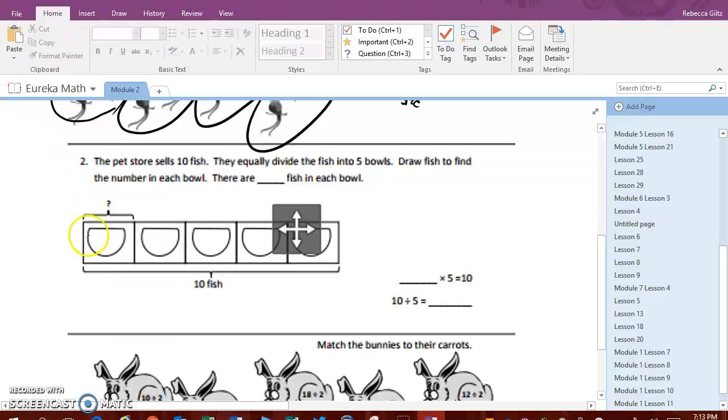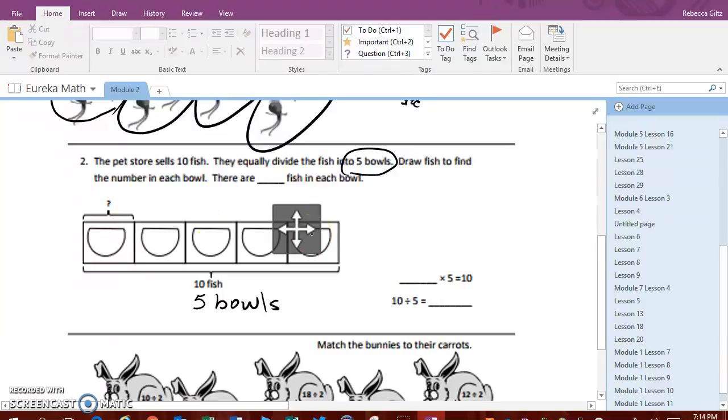And you can see this is set up like a tape diagram here. Here's the rectangle. Here's my bracket labeling the total of 10 fish. And this number here, the 5 bowls, those are our groups. So I'm just going to label that down here. And I know that's my number of groups because they've divided it into 5 sections for me.